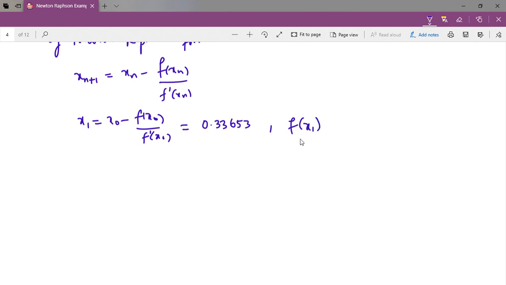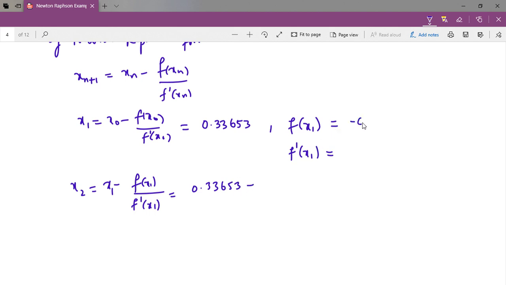Okay. So now go for finding f of x1, f dash of x1. Find f of x1 and f dash of x1, then we get x2 as x1 minus f of x1 divided by f dash of x1. So x1 we have 0.33653 minus f of x1, f of x1 is going to be minus 0.5658, f dash of x1 is going to be 1.7533.